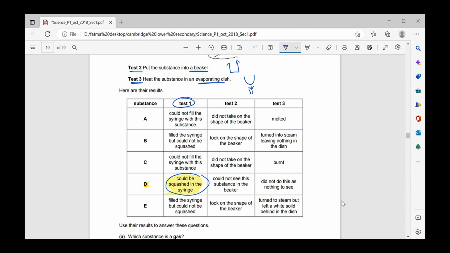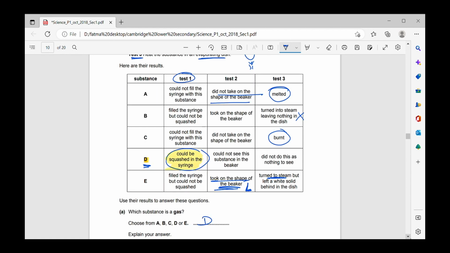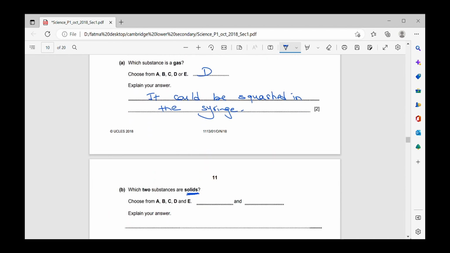And when we heat the substance in an evaporating dish, here it's written melted for substance A. For substance B, it's written turned into steam, leaving nothing in the dish, so this means it's not a solid. C, it's burnt. So here it's A and C.